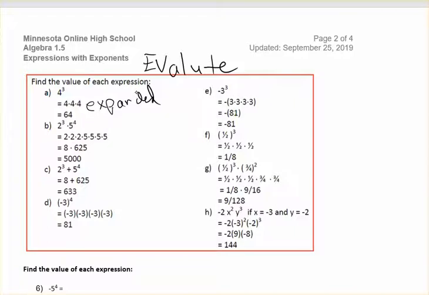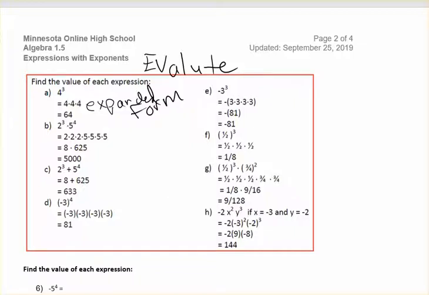You don't have to write them in expanded form, but if you're asked to, that's what it means. So it means 4 times 4 times 4, and then you multiply those together, either by hand or with a calculator, and 4 times 4 is 16, and 16 times 4 is 64. So we would get 64 for our answer.